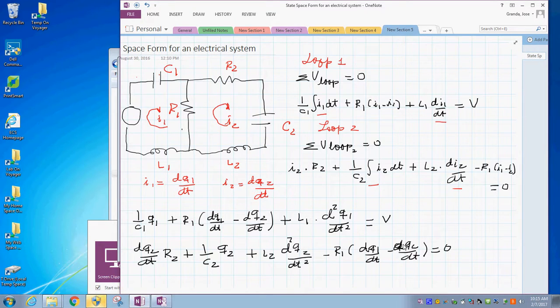So we'll rearrange those equations and derive the state space form for it. Remember what I told you, leave the term of the highest order derivative on the right hand side, and that would be the first thing we're going to do. So we're going to pause this for a moment and then we'll continue.